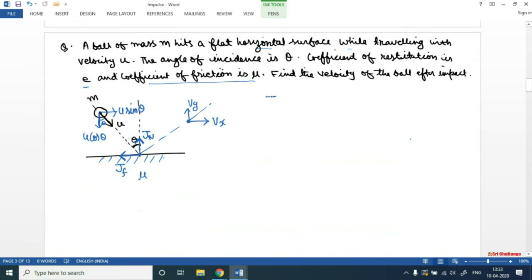So Jn, we can write as the change in linear momentum along the normal, which would be m times u cos theta plus Vy over here, and for impulsive friction, applying the impulse momentum theorem along the horizontal direction, Jf will be equal to m times u sin theta minus Vx over here. So that is equation number 1, that is equation number 2.